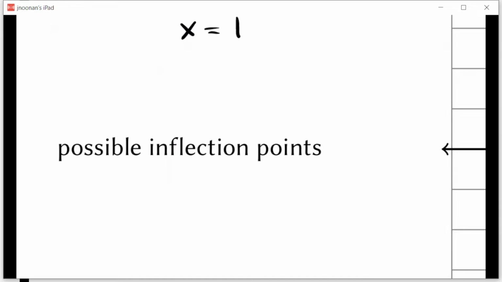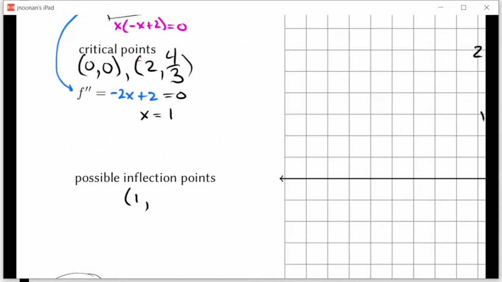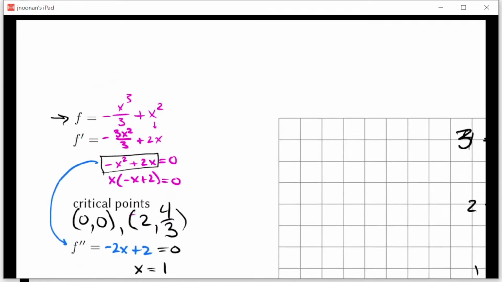And we're going to call that point x equals 1 and its corresponding y value a possible inflection point. Now, I'll show you what an inflection point is momentarily. But for now, let's just say that that's the only place that you could possibly change from concave up to concave down, or vice versa. So that's the idea behind that.